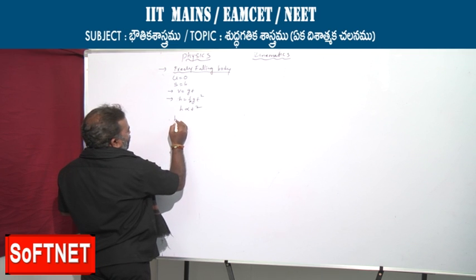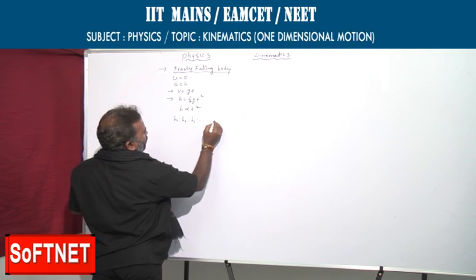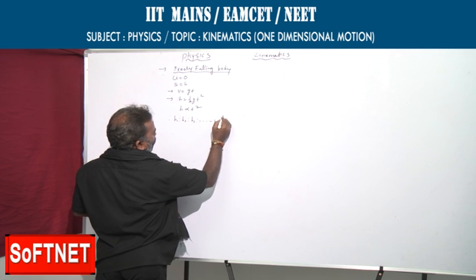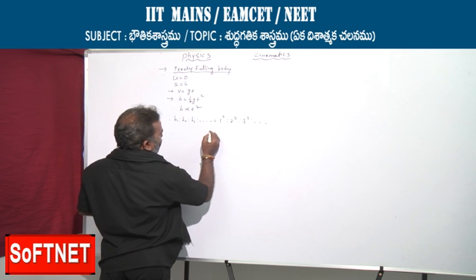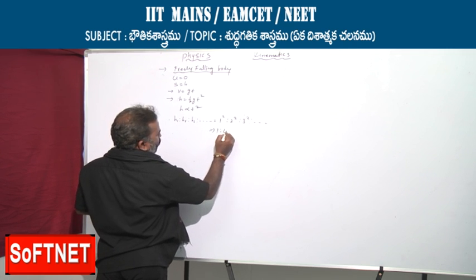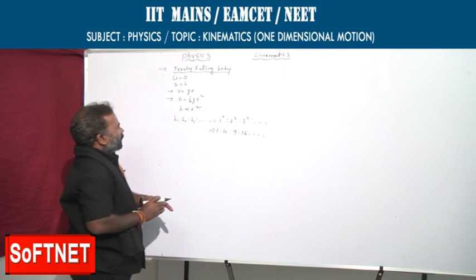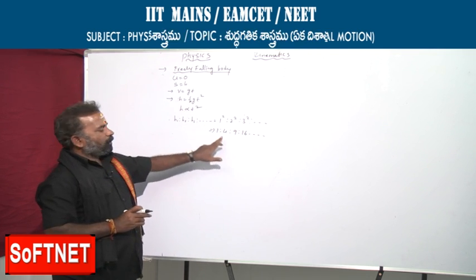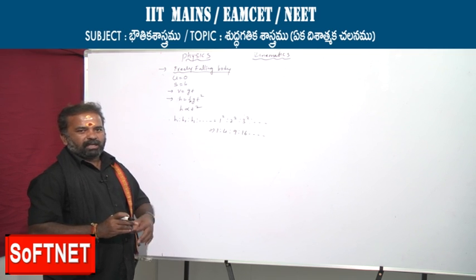So the ratio of heights is 1 square, 2 square, 3 square, and so on, that is 1:4:9:16, and so on. This is the ratio of heights covered by a freely falling body in 1 second, 2 seconds, 3 seconds, 4 seconds, 5 seconds.